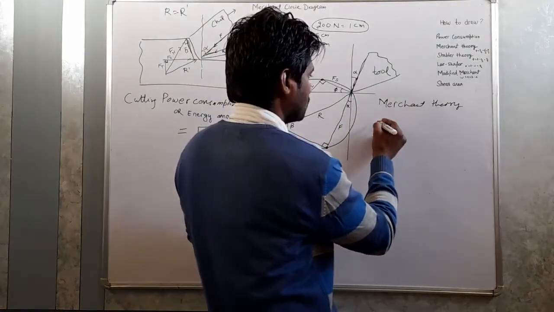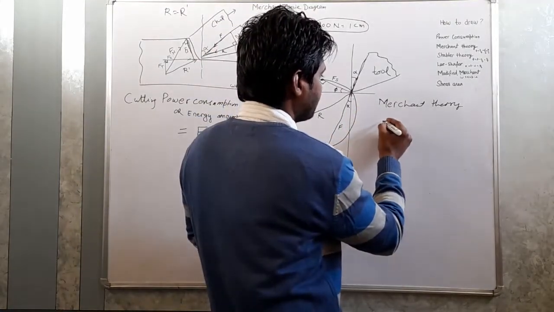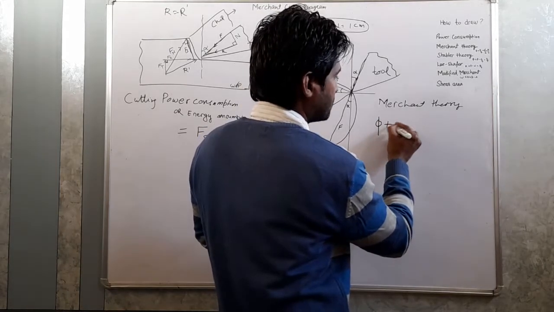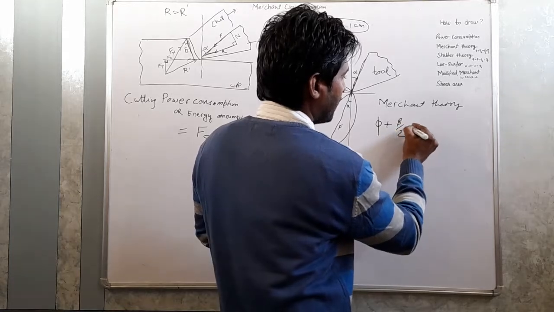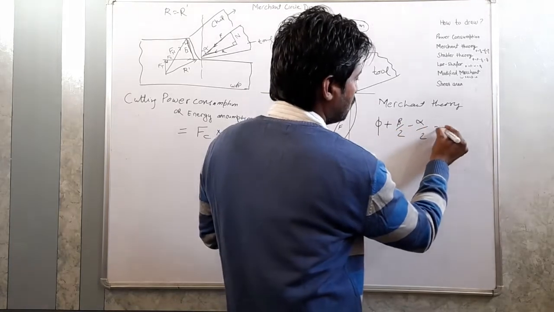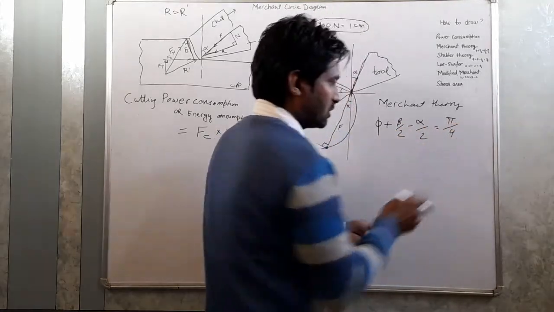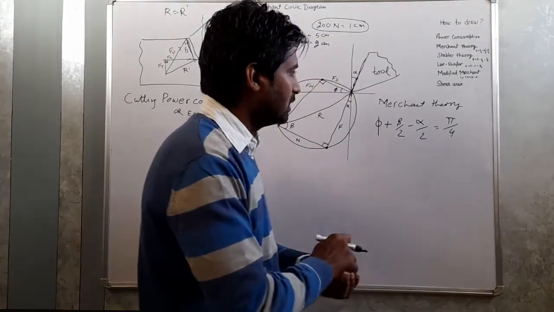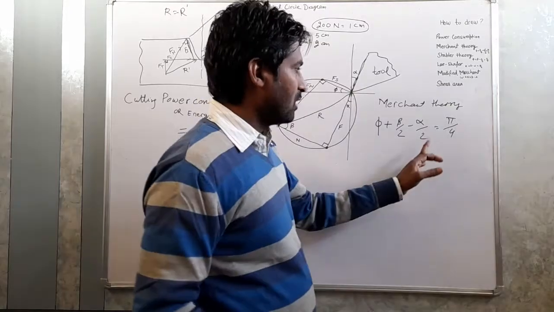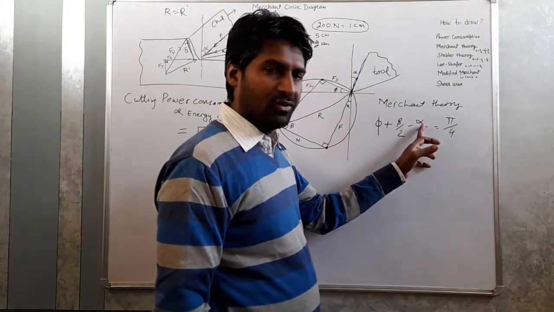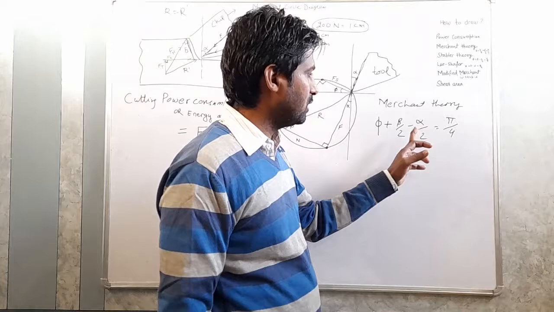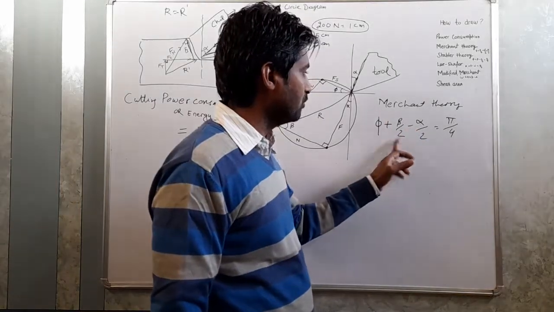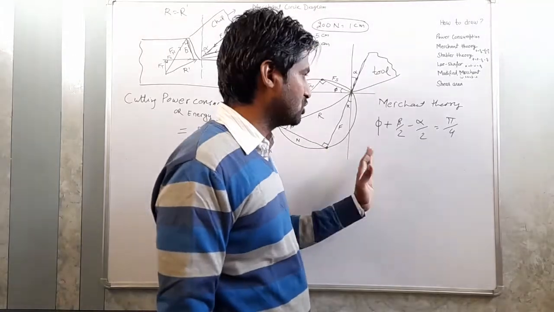So let's suppose in the first case there will be phi plus beta by 2 minus alpha by 2 equal to pi by 4. So in most of the theories pi by 4 will be on the right hand side, the term with alpha will have a negative sign, and the terms with phi and beta will have a positive sign.